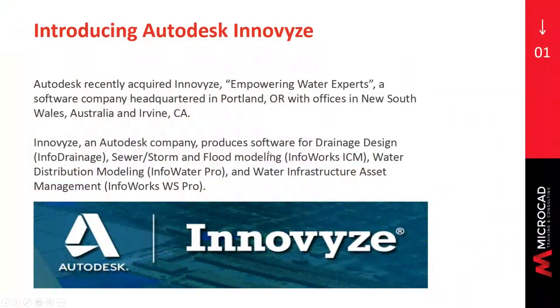Okay, so a little bit about InfoVise. This is a company out of Portland, Oregon, and I guess it's been about a year or so ago, Autodesk acquired that company for the purpose of having more complete offerings, not only in drainage design, but also in storm and flood modeling, which is what's called InfoWorks ICM.